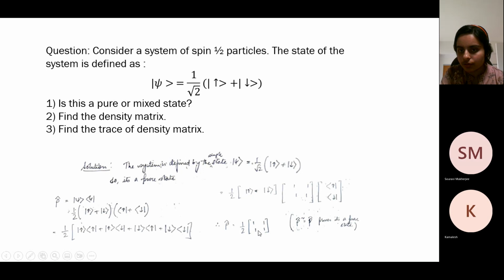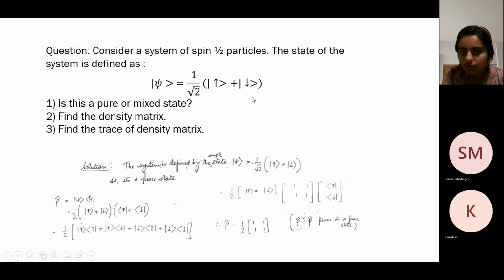But when you find the eigenvalues and the eigenvectors, rho takes a form where only one matrix element is nonzero, and that is 1, and all others are 0, with the corresponding eigenvector.